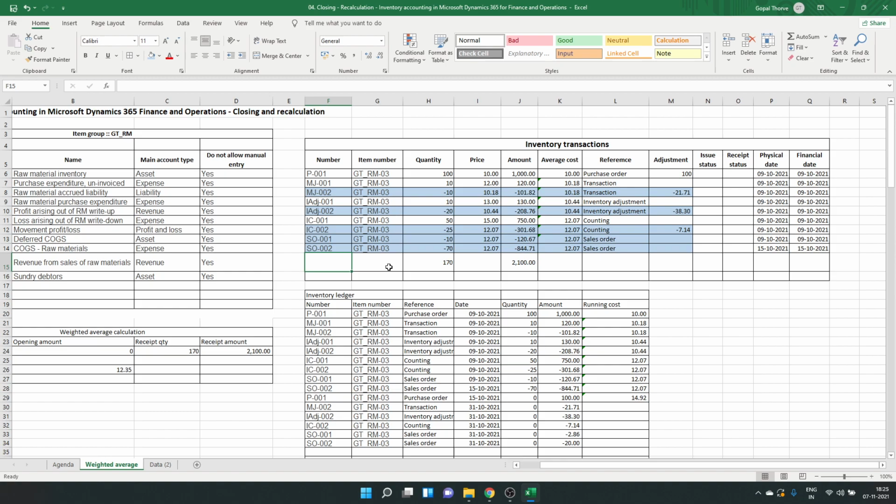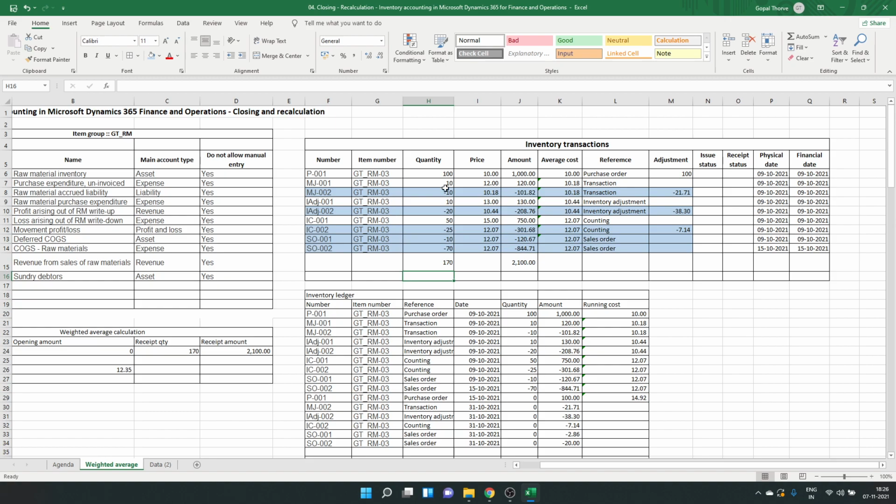But if you have opening quantity and multiple receipt transactions during the month, the system creates a virtual receipt transaction which sums up opening quantity plus receipt quantity and the opening amount and receipt amount, and settles all the receipt transactions against this. Then the second transaction is created.